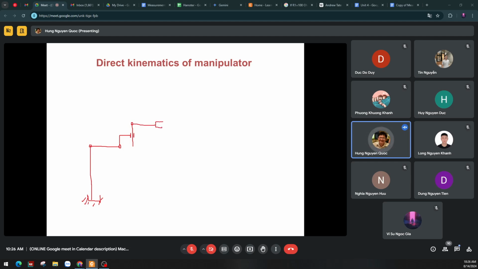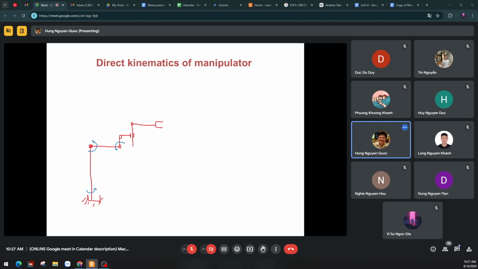Okay, this robot. So you understand what this robot is, right? This is a right angle. So how many degrees of freedom does this robot have? How many joints? One. Two.